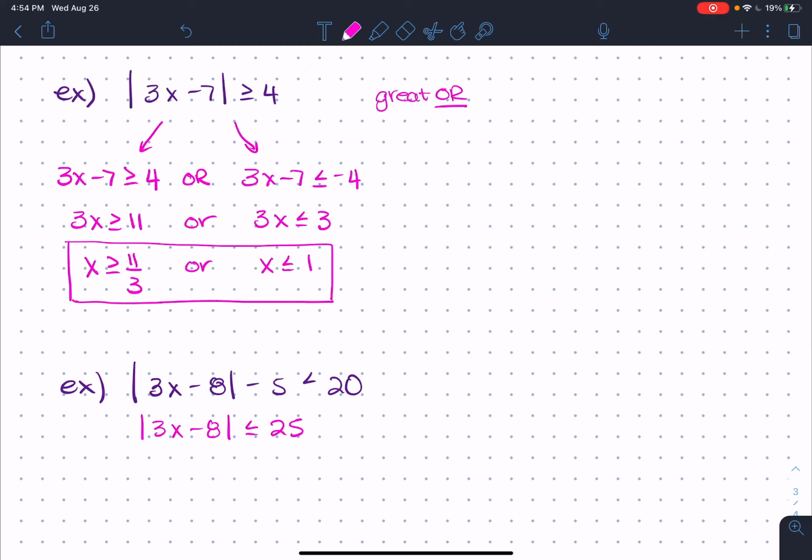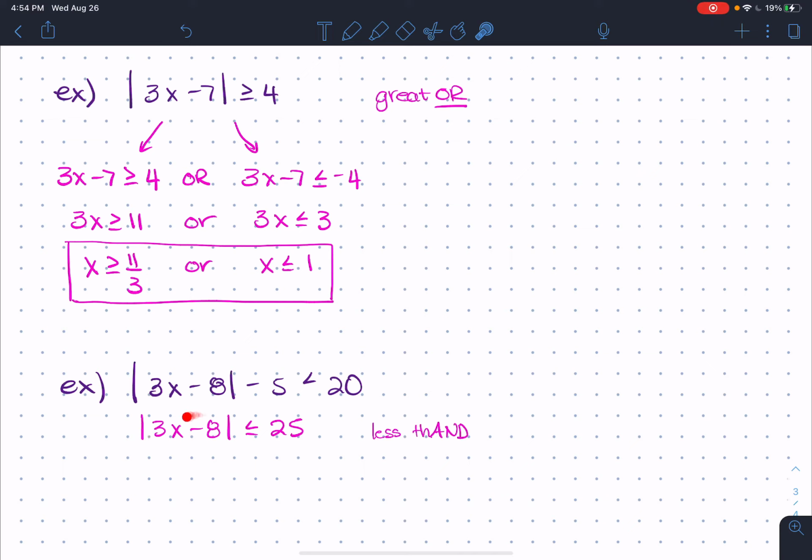Now at this point, think about, what do we got? We got a less than. And remember, you have to wait until the absolute value is isolated before you look at the symbol. Because again, in isolating the absolute value, we may end up having to multiply or divide by a negative, so this may flip.